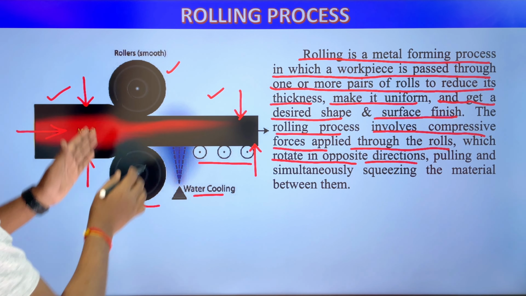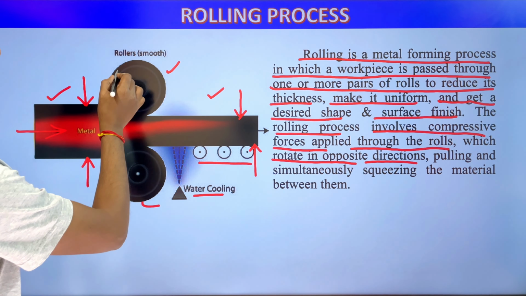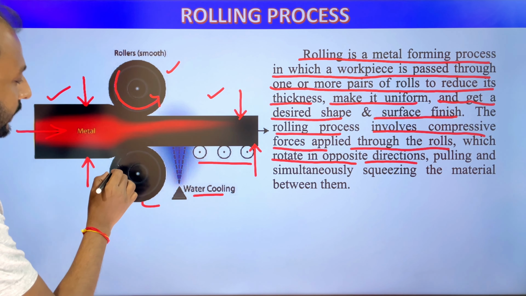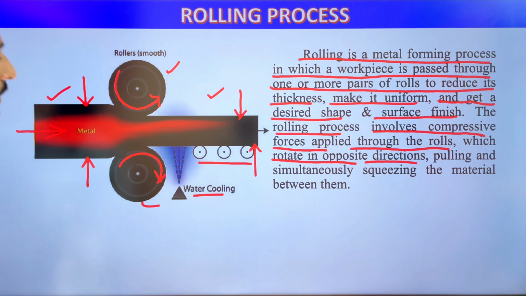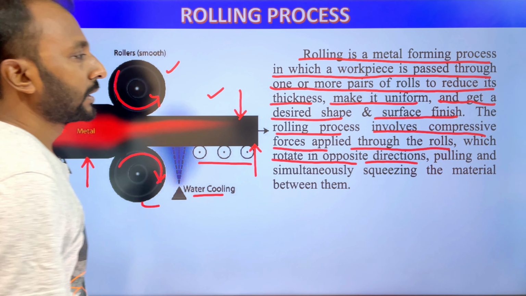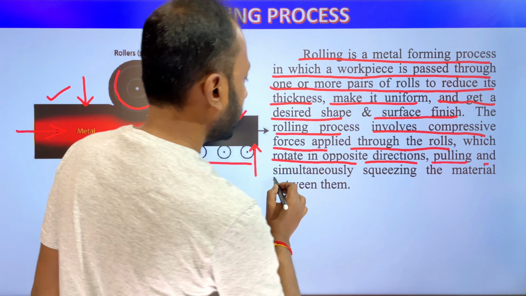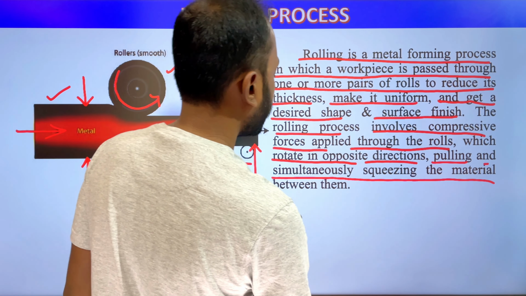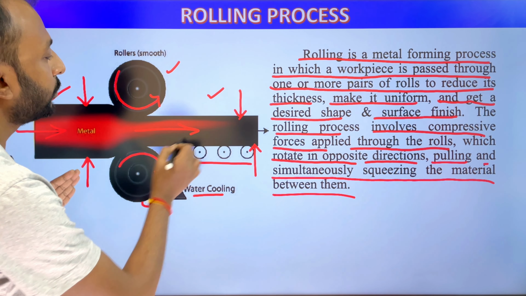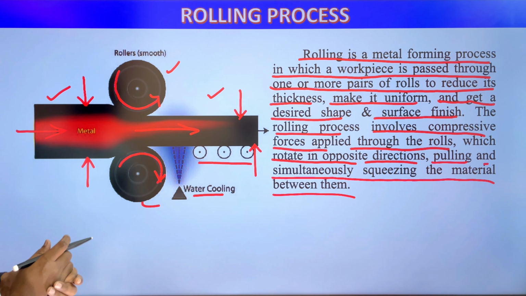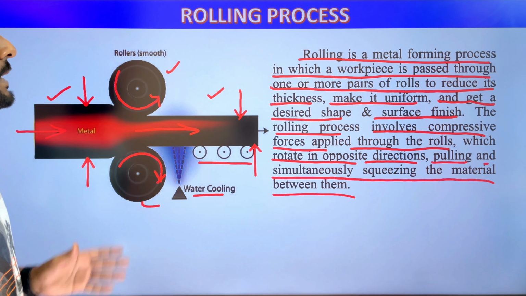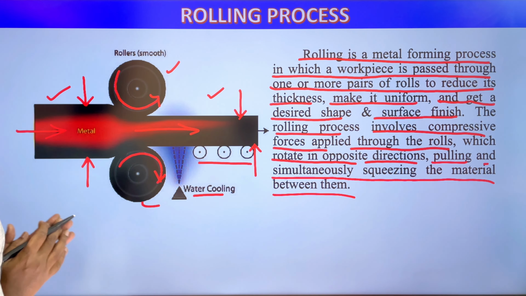This roller may roll in anti-clockwise direction and this roller may roll in clockwise direction. They are pulling and simultaneously squeezing the material between them. Thereafter we get a finished final product.